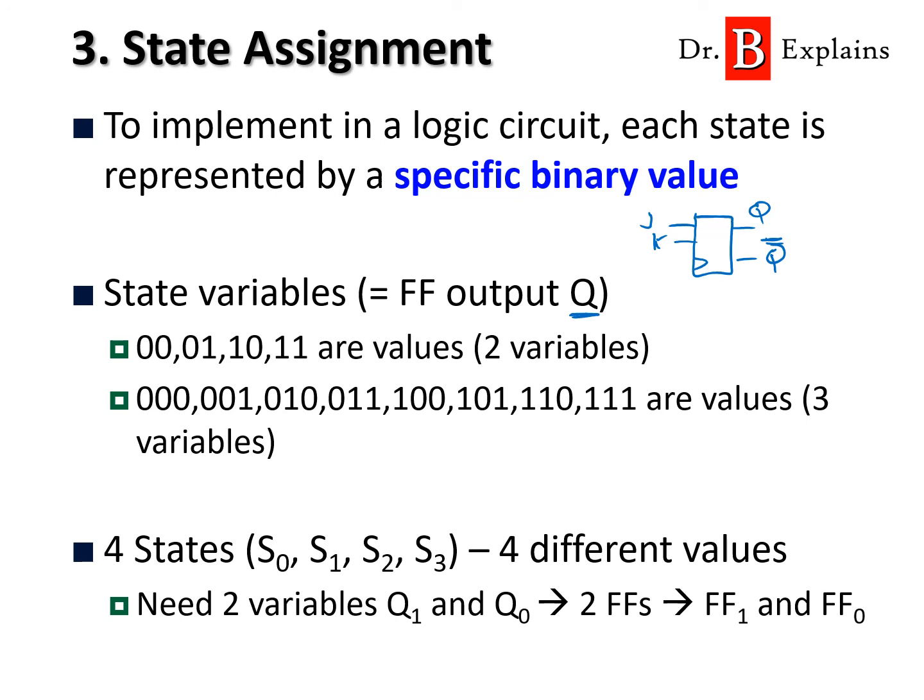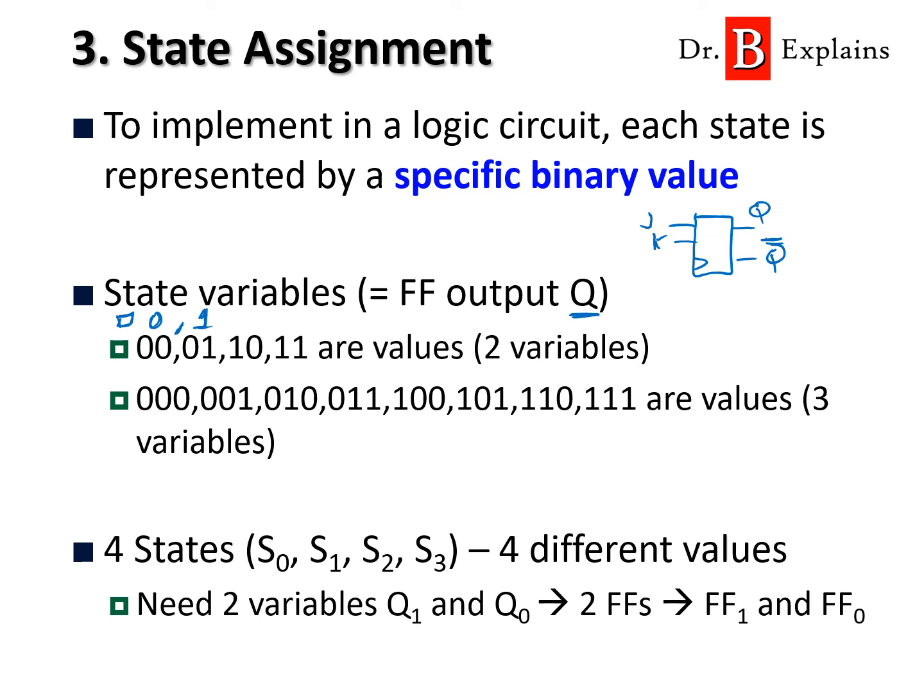So possible values could be 0, 0, 0, 1, 1, 0, and 1, 1. We can also have a 0, 1. These are the possible values whenever we have one flip-flop, one variable.